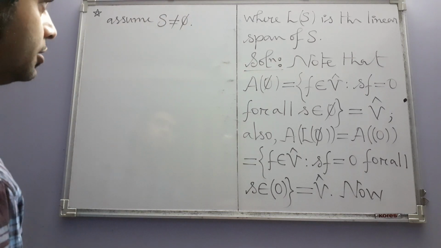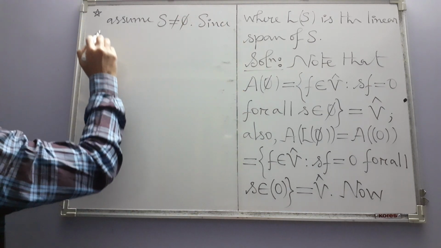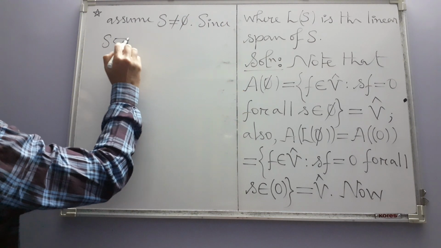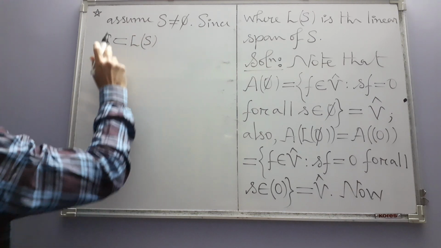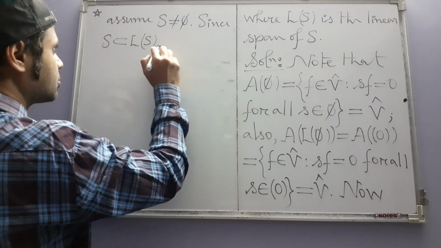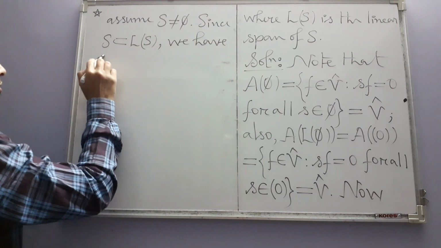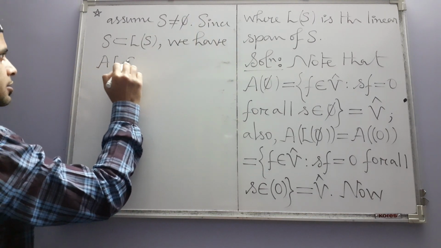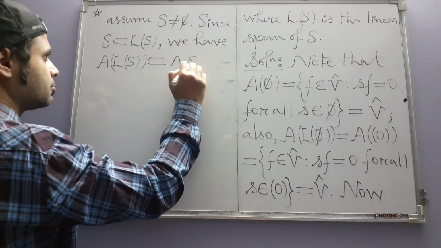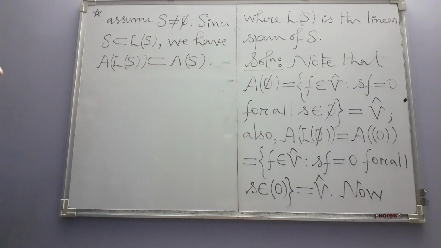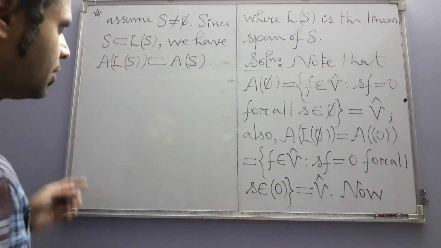Since S is a subset of the linear span of S, this is something we already know, we have the annihilator of the linear span of S a subset of the annihilator of S. But why and exactly how is this following from this? It's very easy to see.